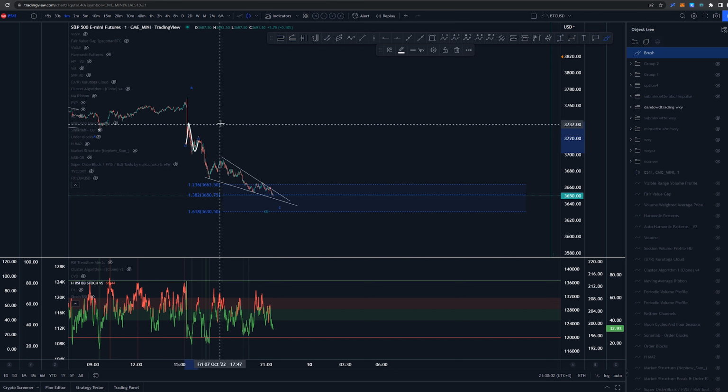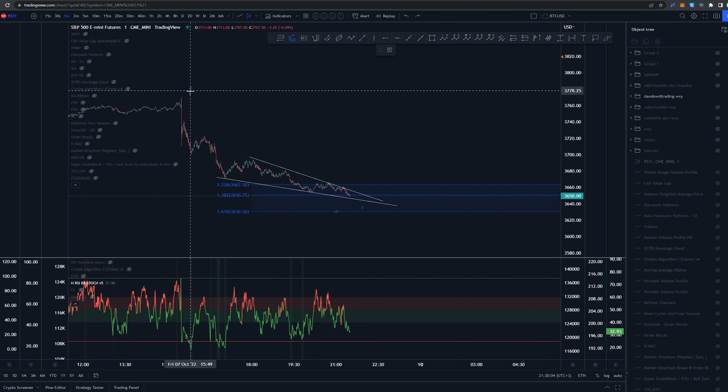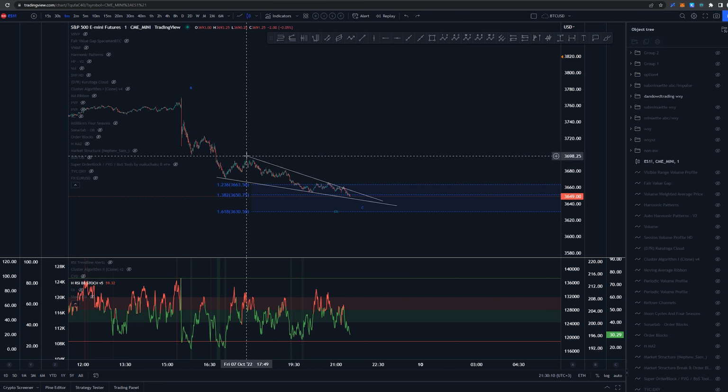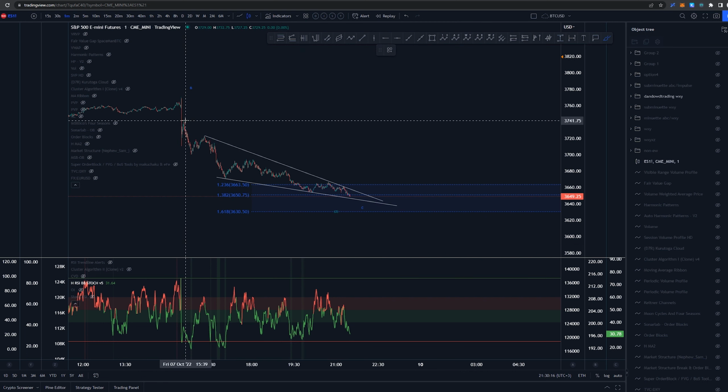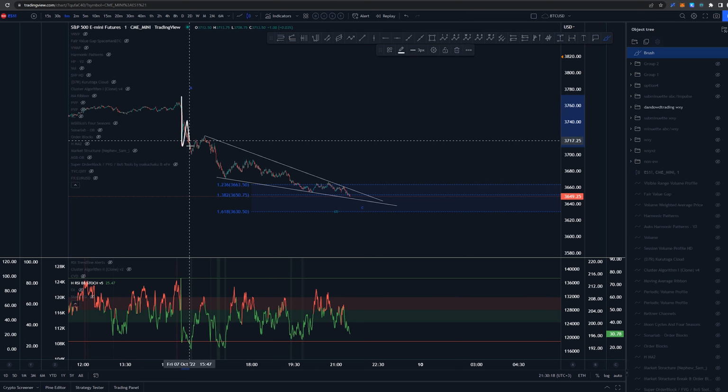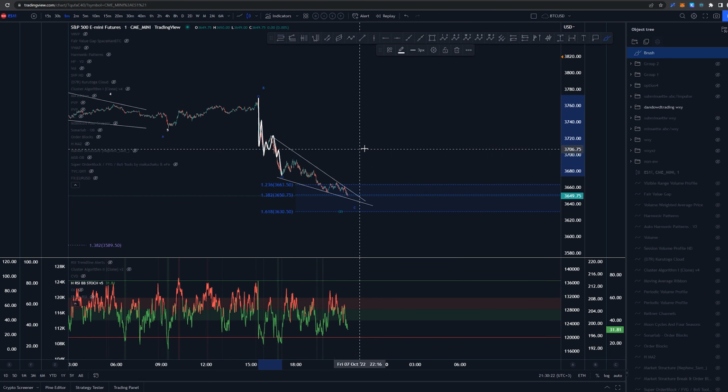This dump must be so fast that I can't really get a good-looking structure into it anyway. Let's see. Yeah, I don't like that. Maybe we do have this as three waves and then three waves and then another three-wave structure like that.